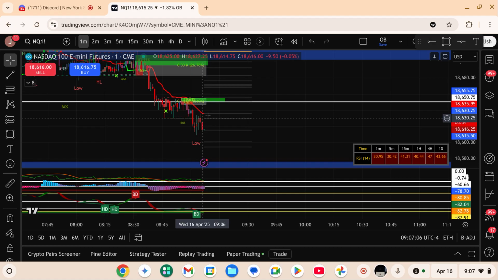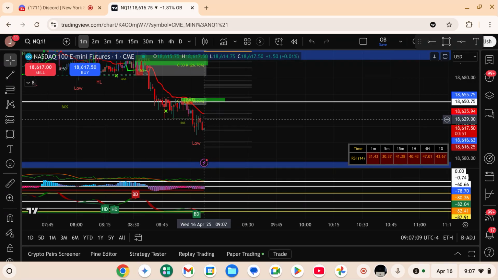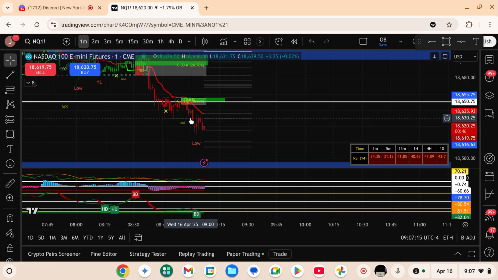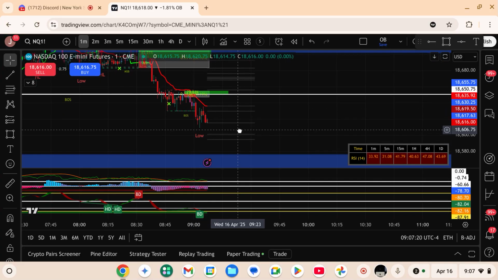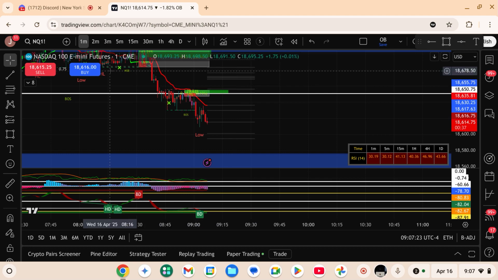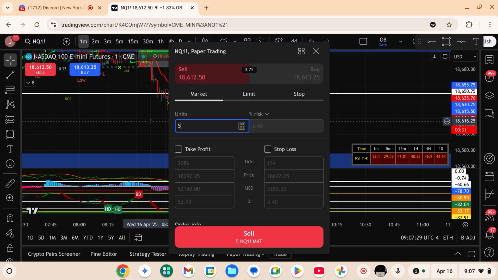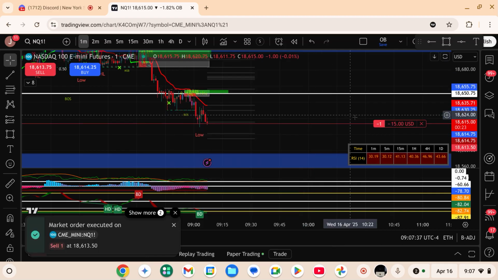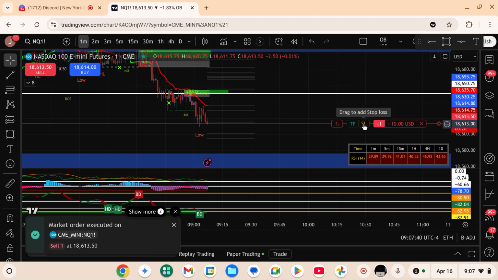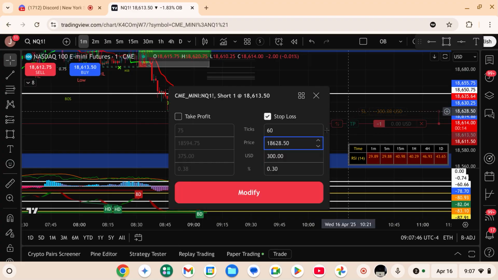So let's see. If we did this here, yeah, let's do shorts here. Let's do one contract. We'll put our stops above this candle, the last bearish candle.